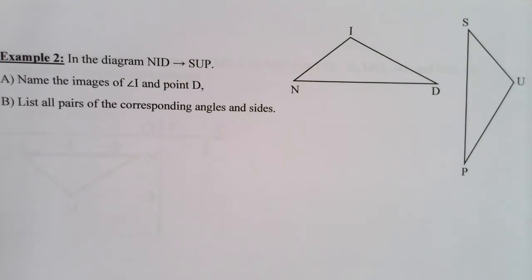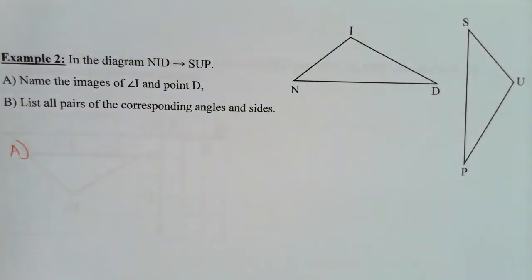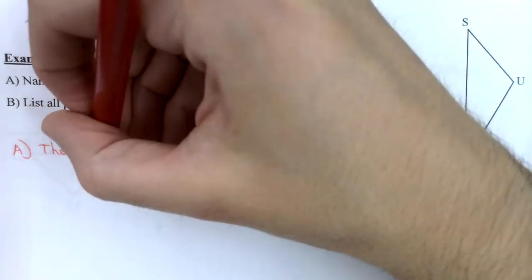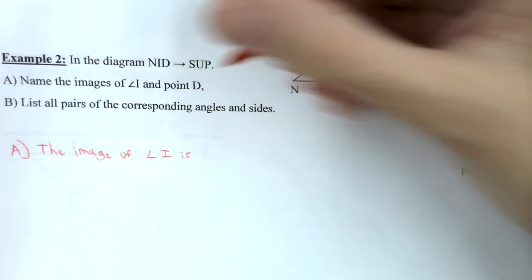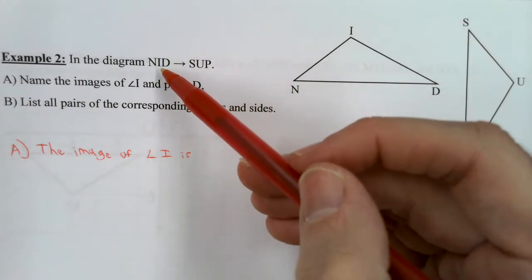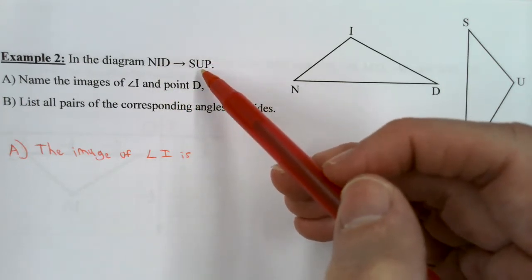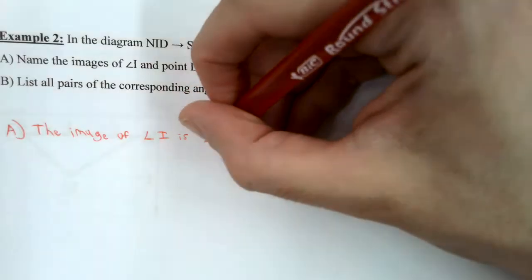Part A, name the images of angle I and point D. So part A, the image of angle I is... you just have to be careful. The order is very important. I is listed second in the preimage, so that maps onto U because that's listed second in the image. So the image of angle I is angle U.